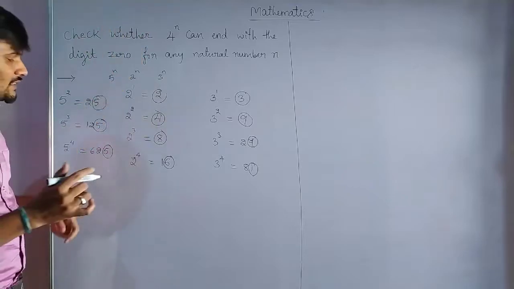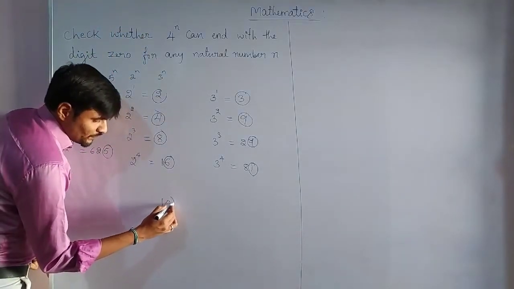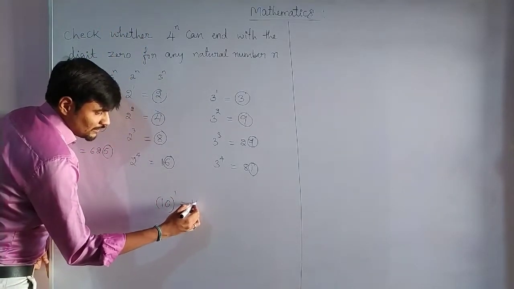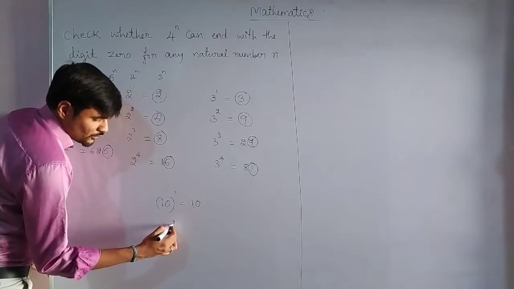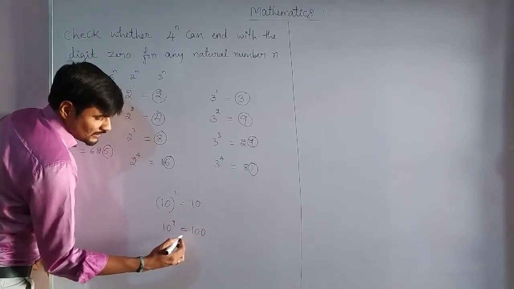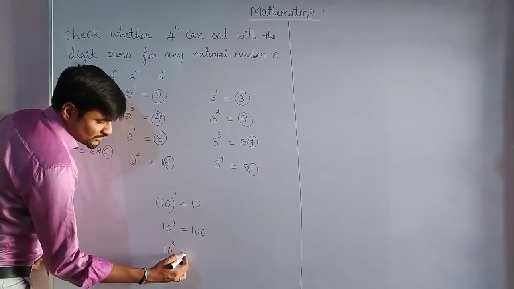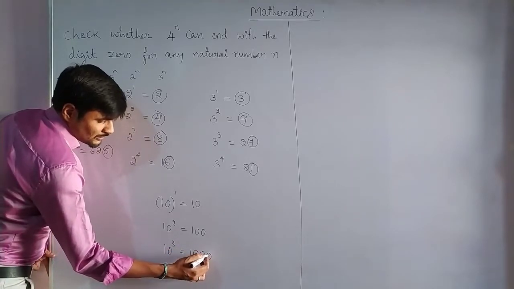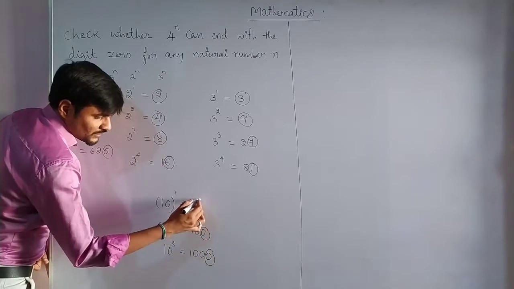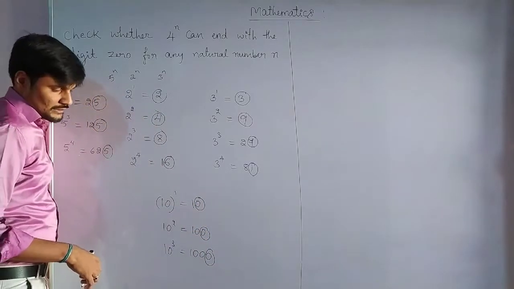To end with the digit 0, for example, I will take 10 power 1, that is 10. 10 power 2 is 100. Next, 10 power 3 is 1000. So the last digit, observe, is the digit 0.